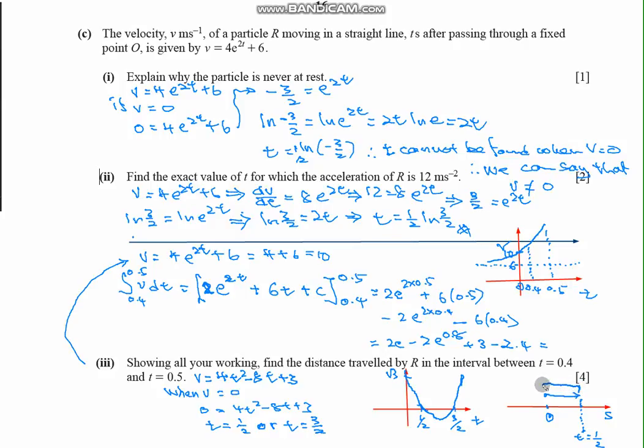Then by the time you reach t equal to 3/2, from here it becomes positive again, then you travel in this direction again. You see that?